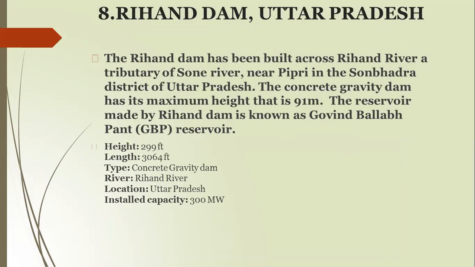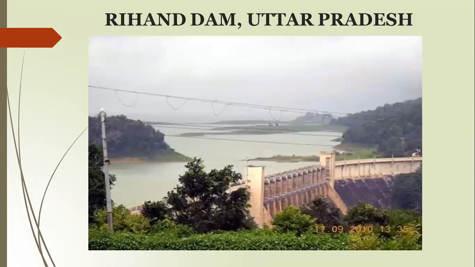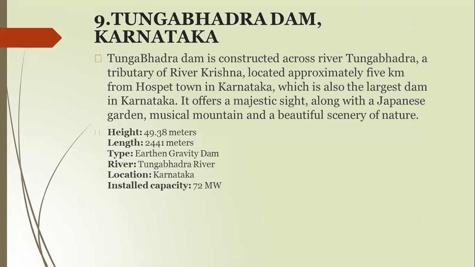Then Rihan Dam from Uttar Pradesh, having a medium size hydropower capacity, that is 300 megawatt, height of 299 feet and length of 3064 feet. So this is a picture of this dam.